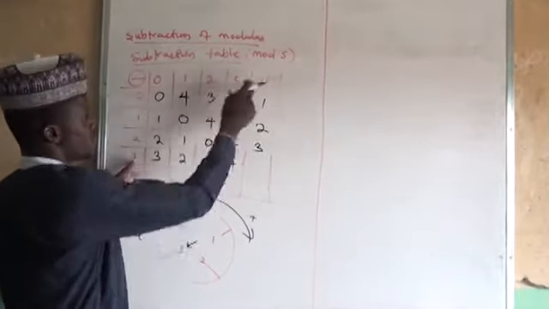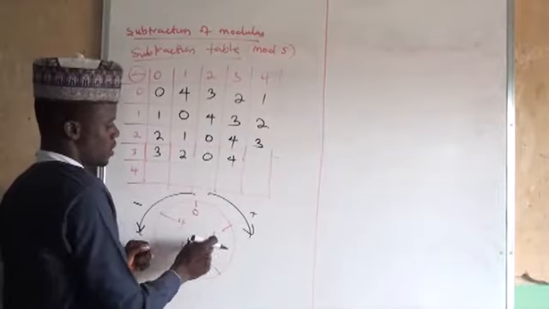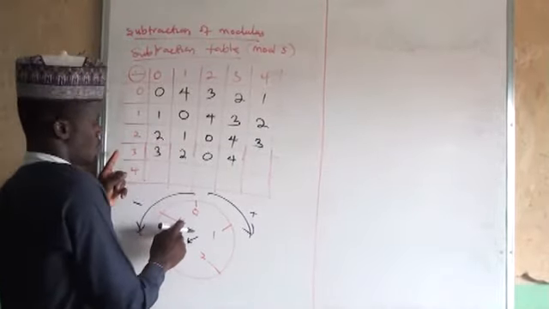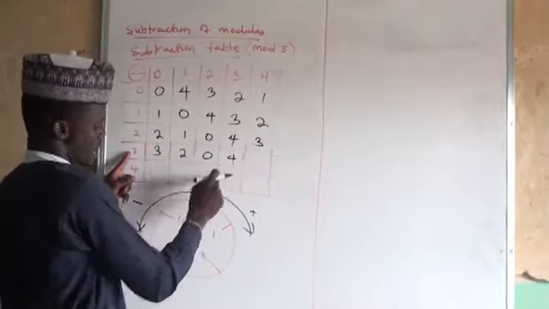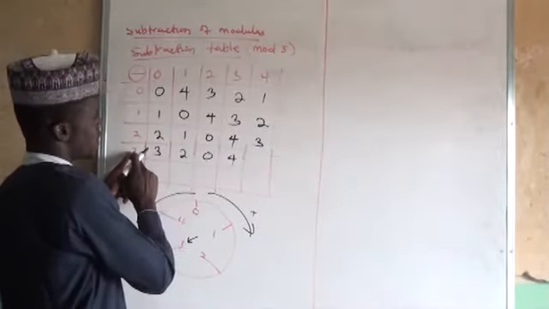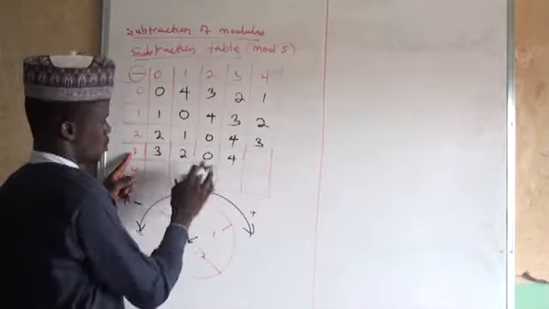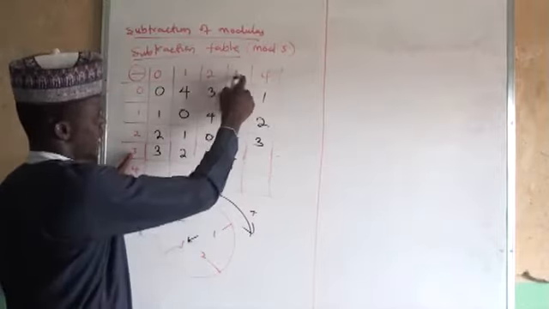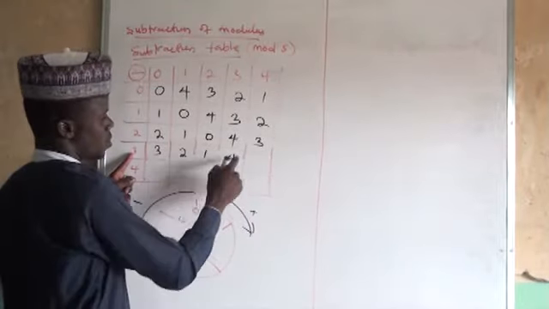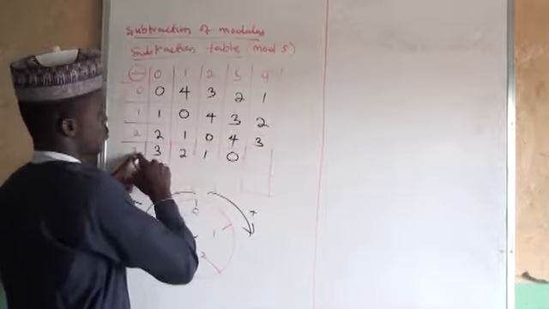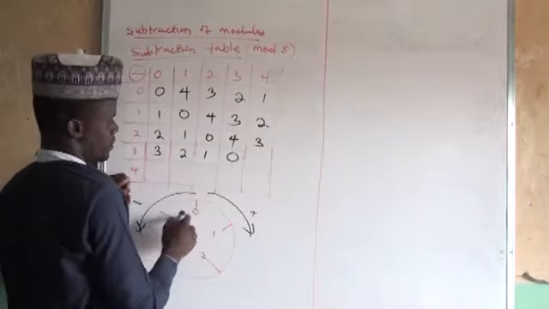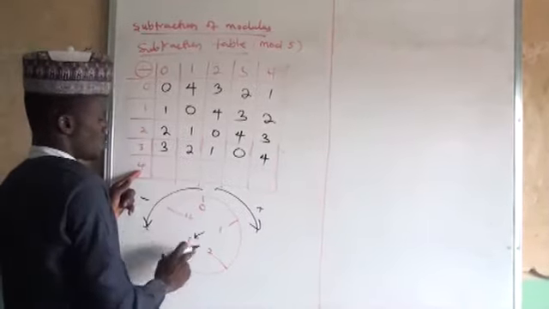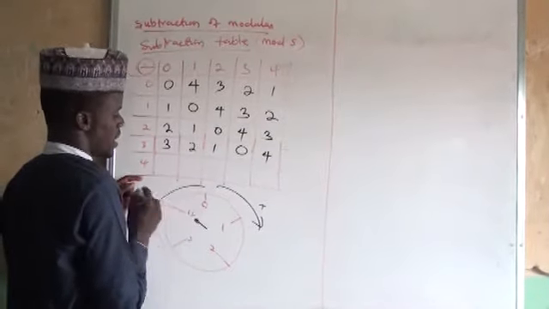Then 3 minus 4, we have to count 4. 1, 2, 3, 4. Here we have 4.